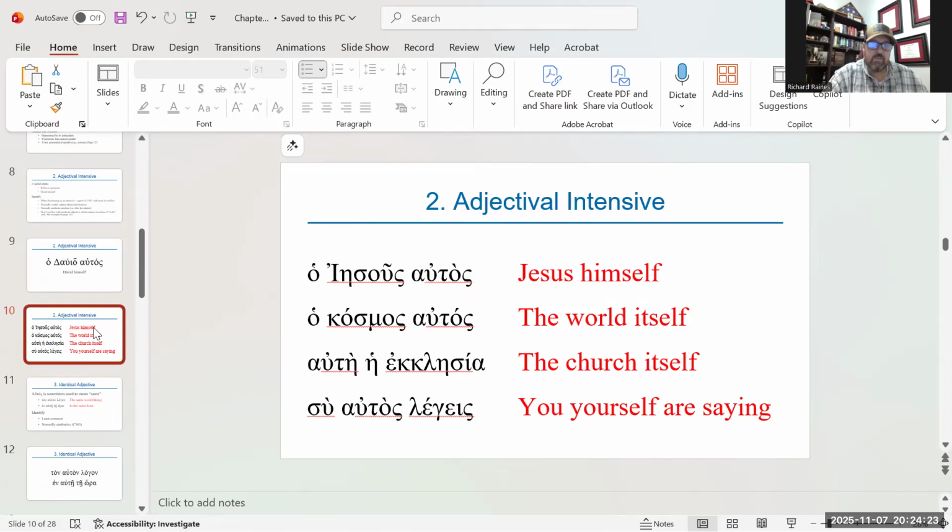So in this instance, the pronoun autos is modifying you. So "you yourself are saying" is how you would translate that. So that's just an example of autos intensely modifying, like bringing special attention. You yourself, he himself, the church itself.